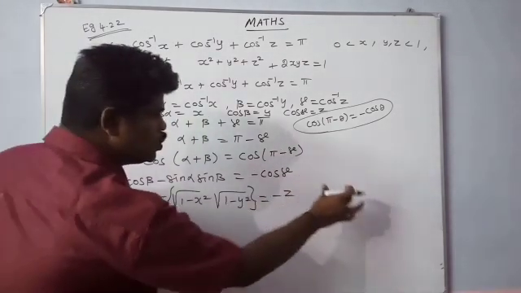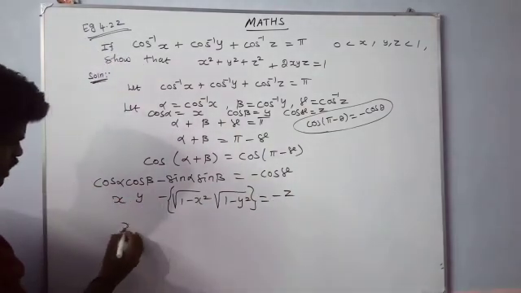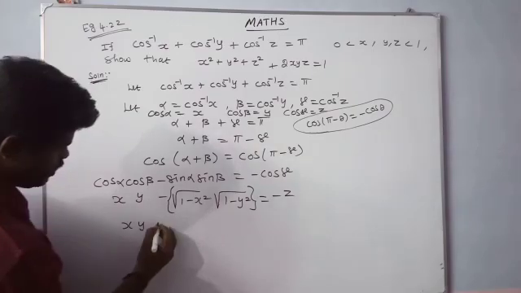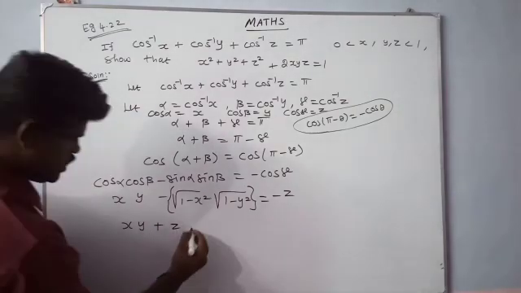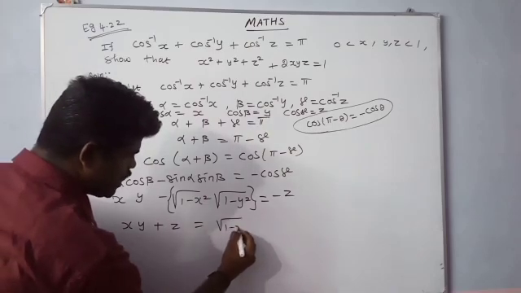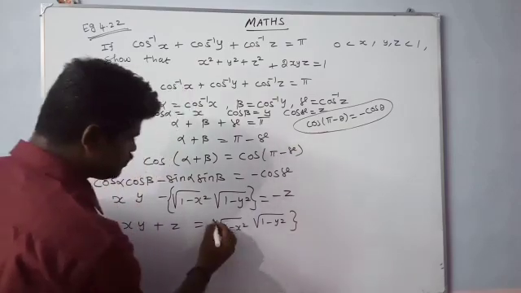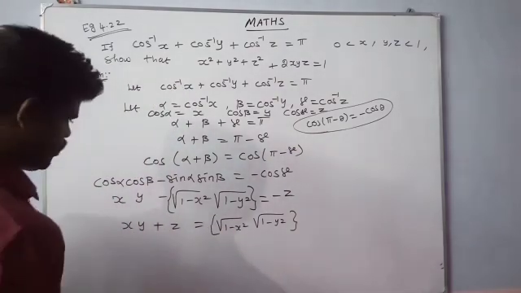Take this term to the RHS and minus z to the LHS. So what is the value? xy plus z is equal to, this term goes to that side, root of 1 minus x square times root of 1 minus y square, with a plus sign.